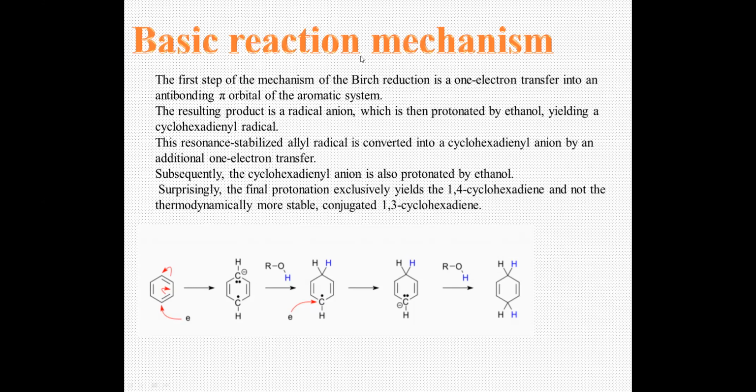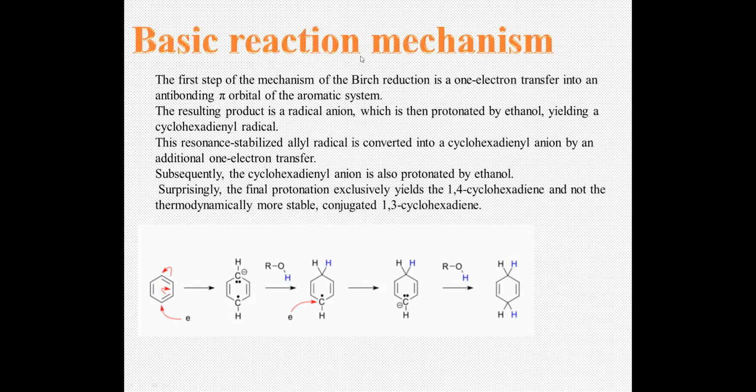Why is it called a radical anion? If you see, the first carbon contains a single electron, whereas the fourth carbon contains 2 electrons. So that's why it is called a radical. Radical means single electron. Anion means it contains 2 electrons. That's why it's called an anion.